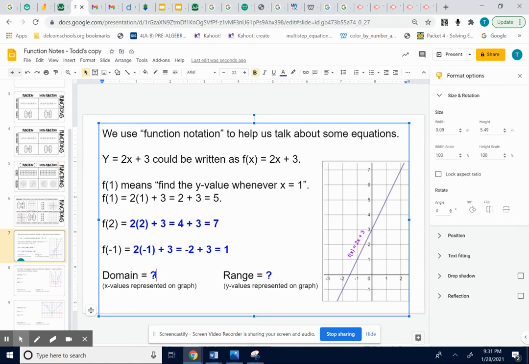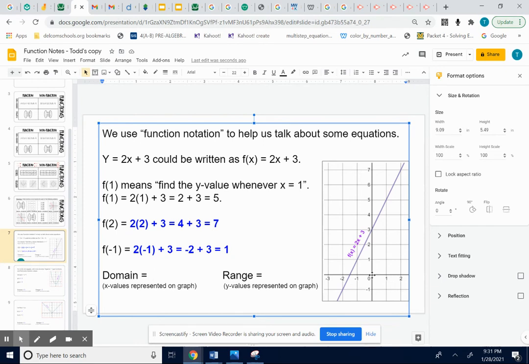Now this is also something that's a push. The domain, think about the x values along the numbers on the x-axis. Think about which of these x values will have a point associated with it. Like negative 1 has a point on this graph associated with it.